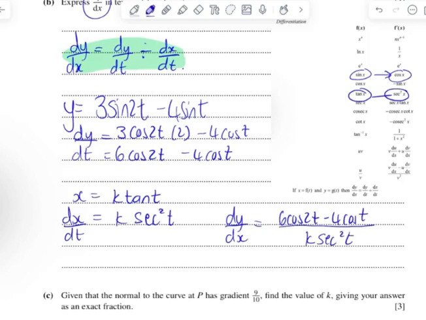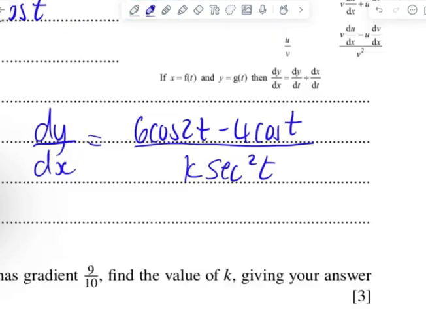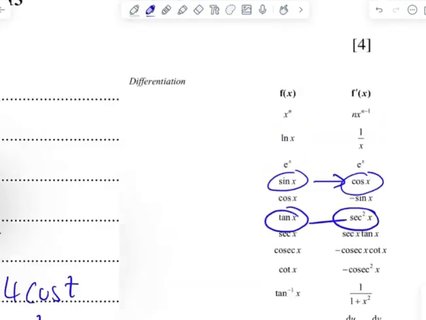All right, so now they wanted this to be in terms of k, and they also wanted it to be in terms of cos t. So what is sec squared t equal to? You see that I would need to actually bring that up to the top. Well, sec squared theta is 1 over cos squared theta, and it could be the same way around.